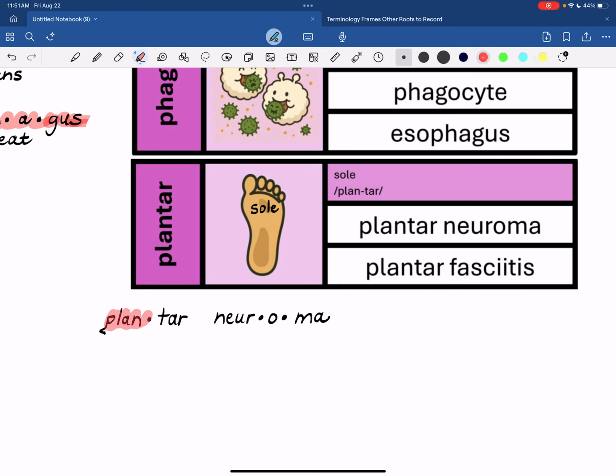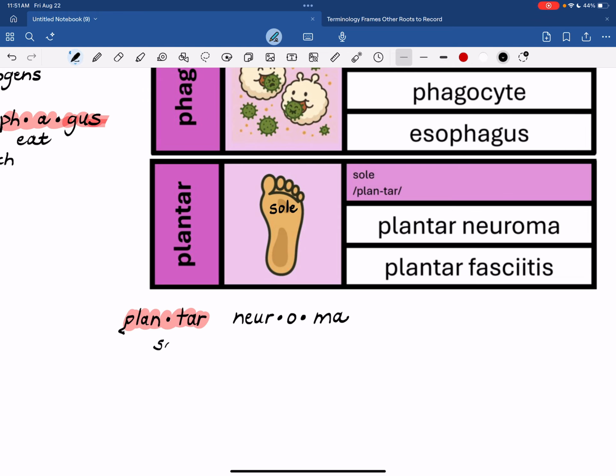I know that plantar is the sole of the foot. I know that neuro relates to nerves. And here's the part that I'm not as sure of. I know that oma, in my mind, is a tumor or a growth.